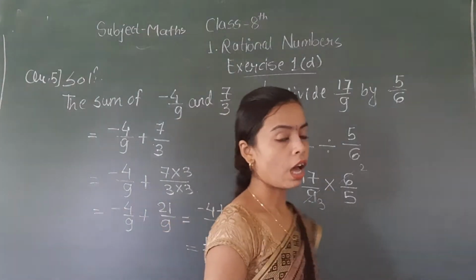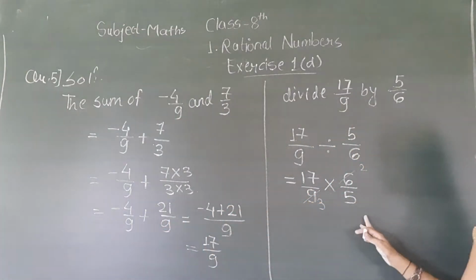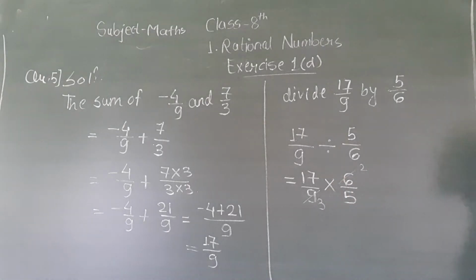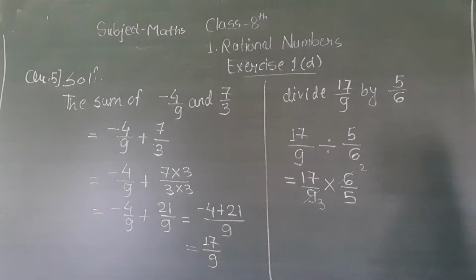Now find out the answer for these two. 17 into 2 equals how much, and 3 into 5 equals how much? Find out the answer for this. Okay, so what answer comes? क्या है आप लोगों का आंसर? बोलो.